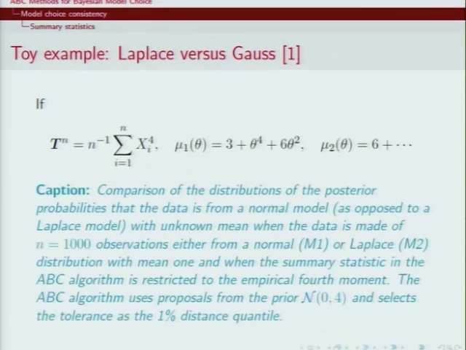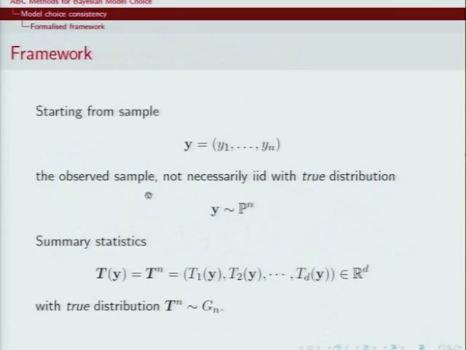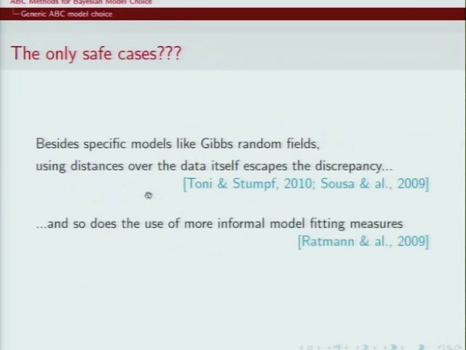So this was my conclusion last year at ABC in London. That's where I stopped. If you have statistics that do not reduce the data into something less informative, this discrepancy that is the center of the talk totally vanishes.